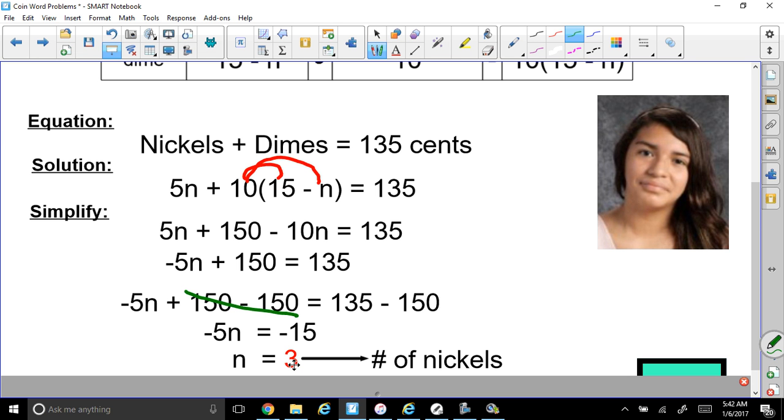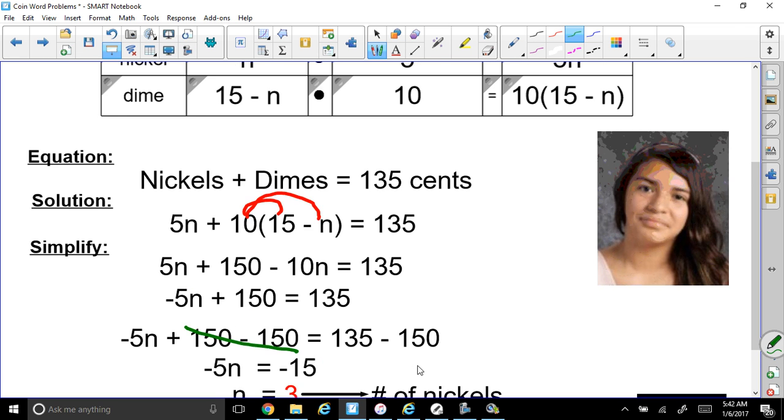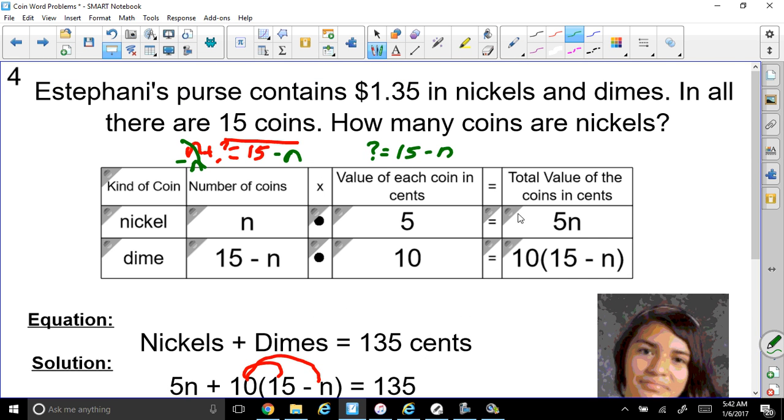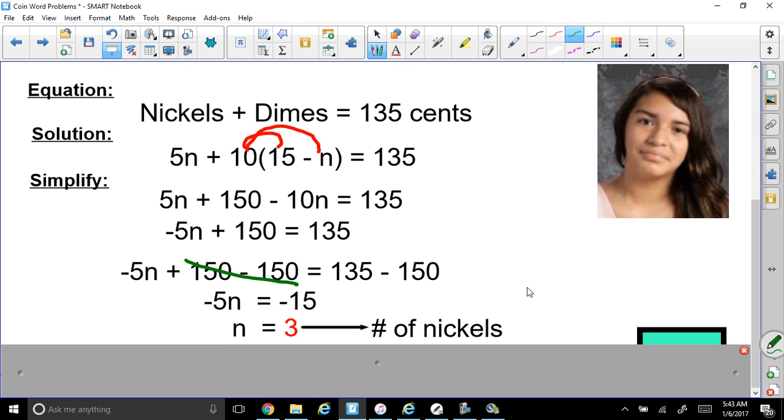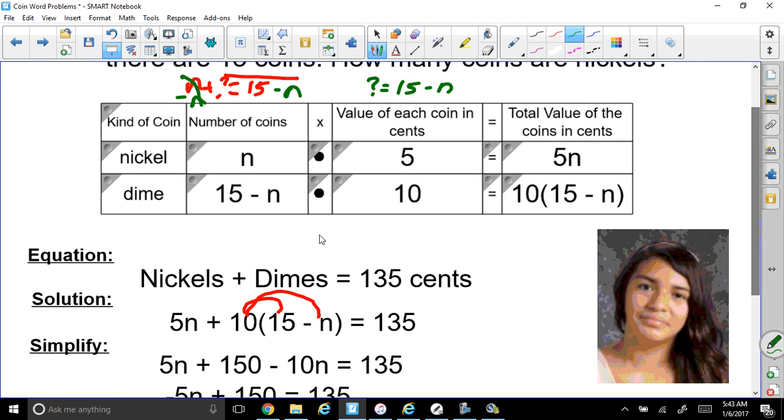And hey, we said N represented the number of nickels. So that means we have 3 nickels. And I think that's what they were asking, how many coins are nickels. So we finished this problem by solving for how many nickels we have. But I am curious, I wonder how many dimes there are. Well, if you remember earlier, we didn't know how many nickels or dimes there were.